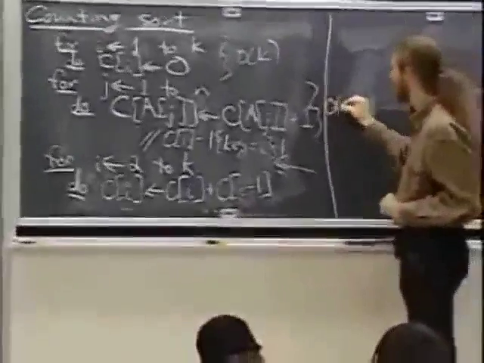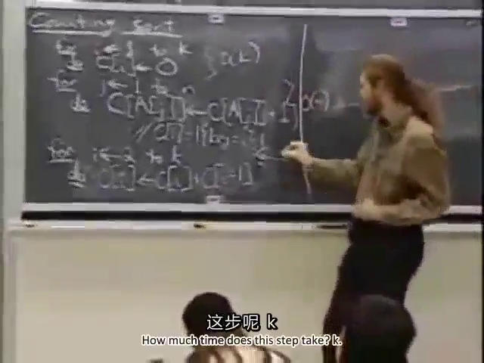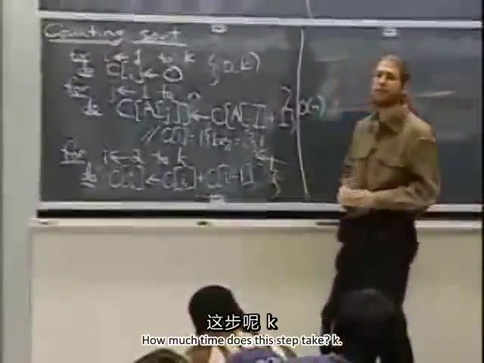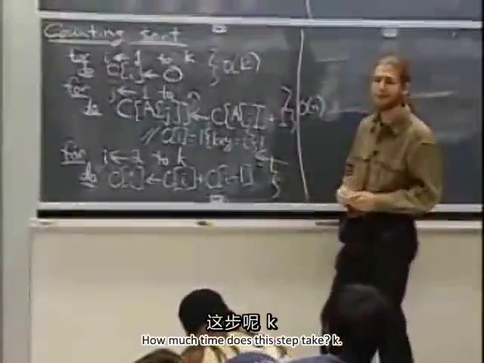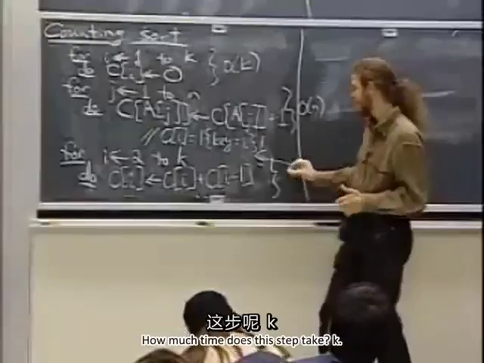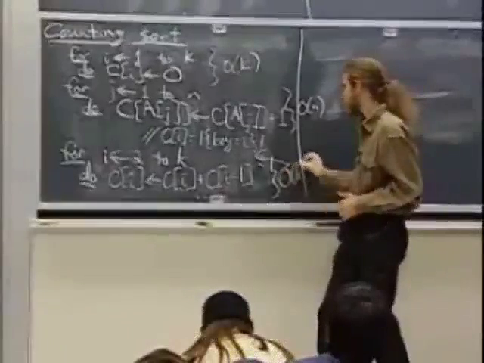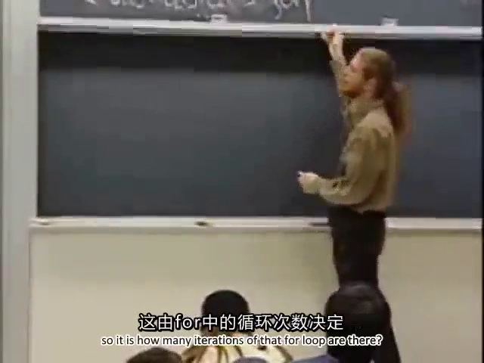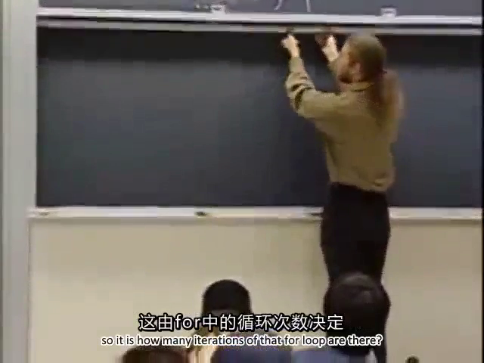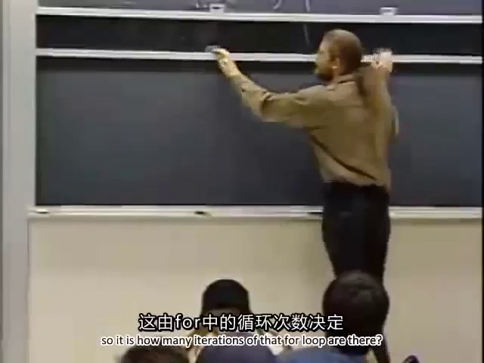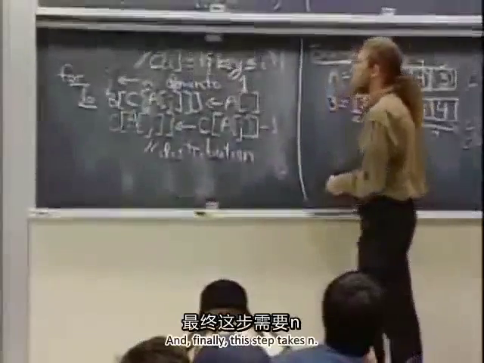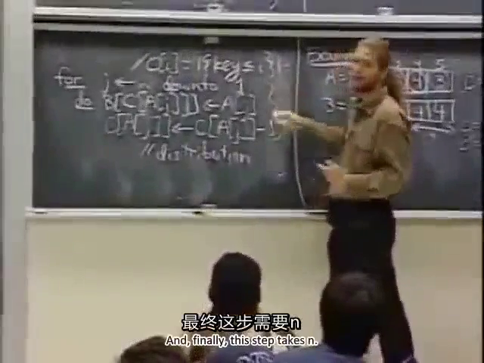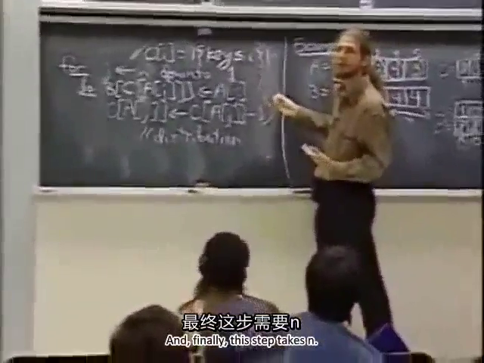N. How much time does this step take? Okay. Each of these operations in the for loops is taking constant time. So it's just what is the length of that? How many iterations of that for loop are there? Okay, and finally, this step takes n.